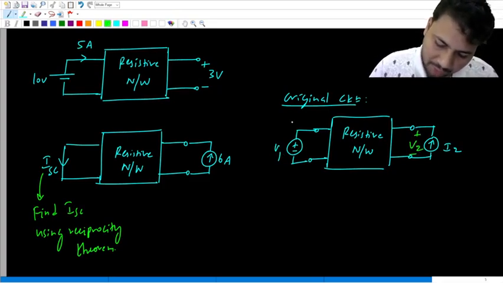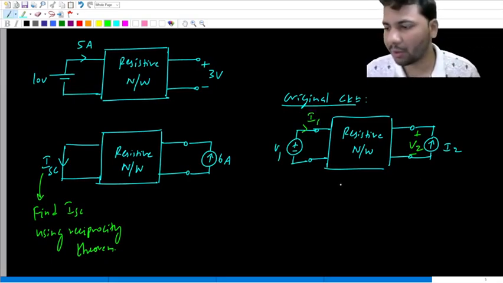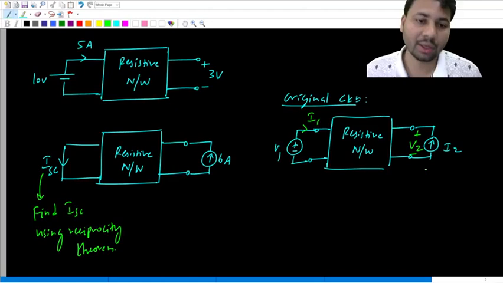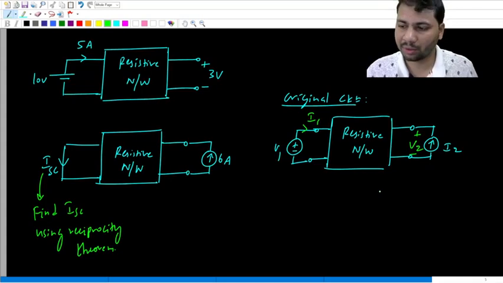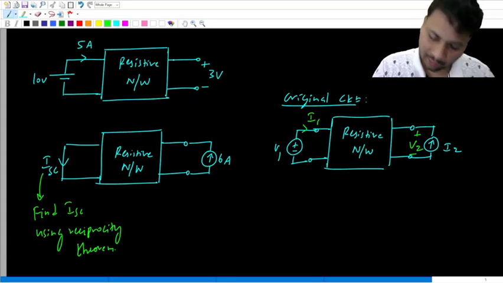Polarity of V2 will be like this, direction of I1 will be like this. So this time we have a voltage source on one side and a current source on the other side, different types of sources on both sides. The two ratios will be negative of each other.